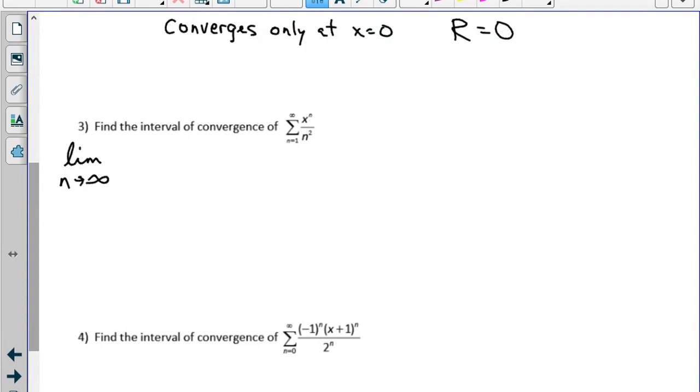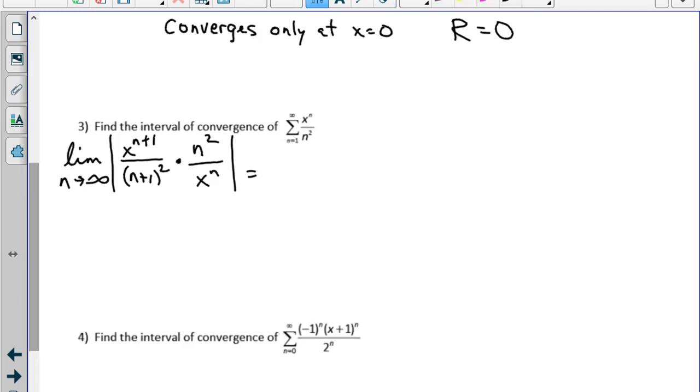So I'm going to have x to the n plus 1 over n plus 1 squared, divided by those terms just to the n, so I'm going to multiply by the reciprocal. So it becomes n squared over x to the n. So x to the n plus 1 over x to the n is just x in the numerator.